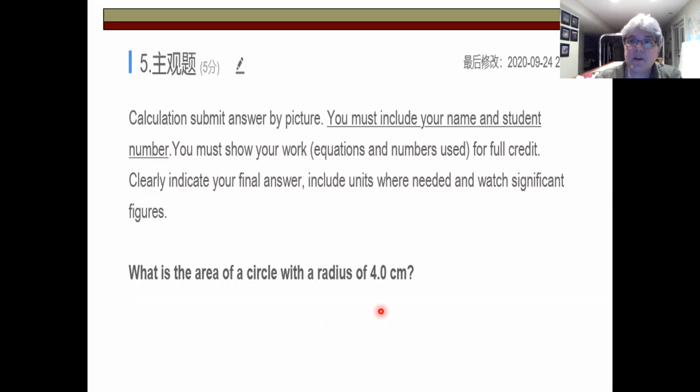For this, you're going to write it on a piece of paper. Now, there are 2 ways for you to do this when you have calculations. You can use your phone. You can get into Rain on your phone and do it just like the homework where you attach the picture. You can also attach the picture from your computer.